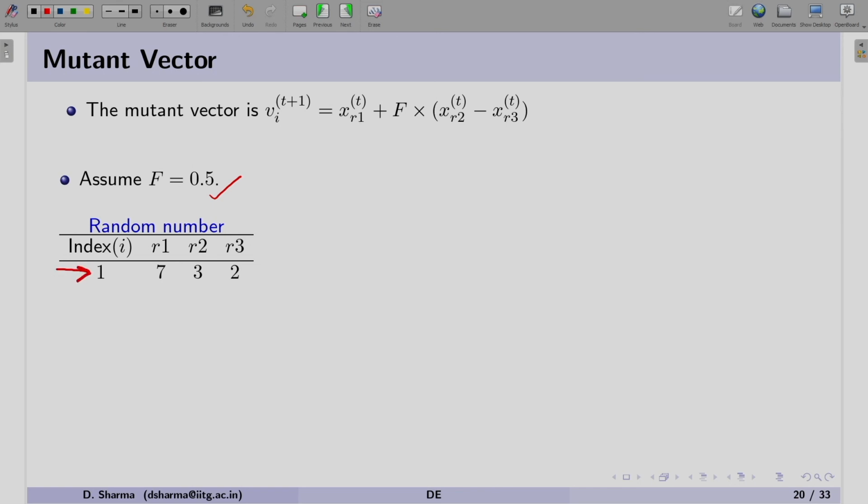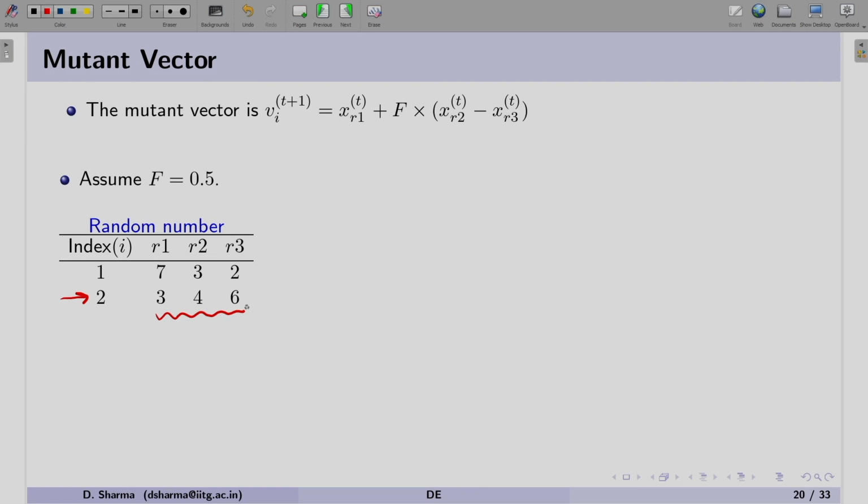Now, let us see the table. For target vector 1, we have chosen 3 vectors randomly. These are 7, 3, 2. So, inside the population, we chose 3 vectors randomly: those are 7, 3 and 2. Similarly, as you can see in the table, for target vector 2, the other 3 vectors are chosen.